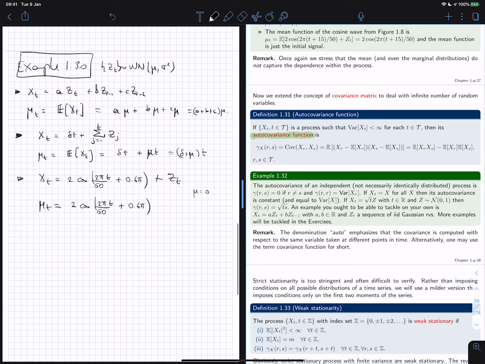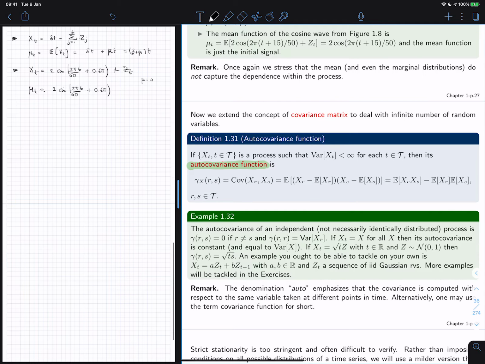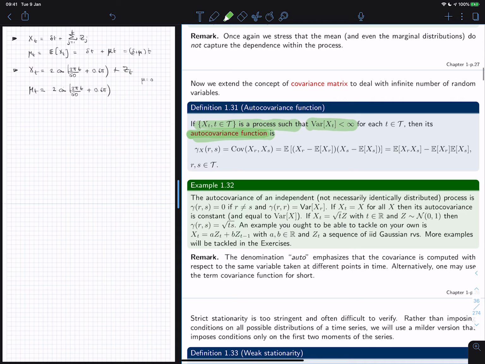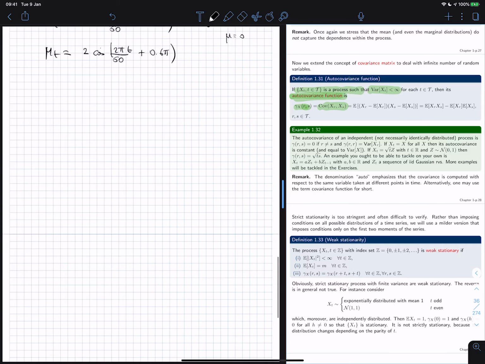Now, next definition is the definition of the autocovariance function. If you have a stochastic process, X_t, which has finite variance at any stage, then the autocovariance function of this process is the function gamma, which depends on two entries, r and s, and is given by the covariance of X_r and X_s.